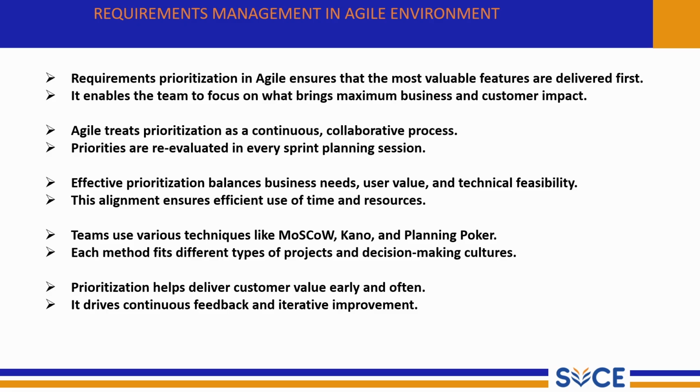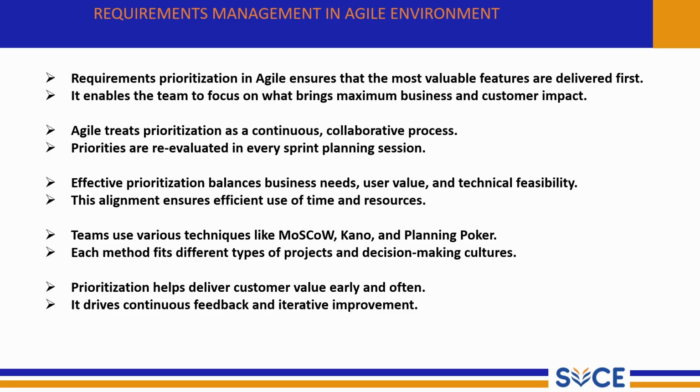Teams use various techniques like MoSCoW, Kano, and planning poker. So there are many methods used in Agile for prioritization. For example, MoSCoW categorizes requirements as must have, should have, could have, and won't have. The Kano model helps understand customer satisfaction levels, while planning poker is used to estimate and prioritize collaboratively.